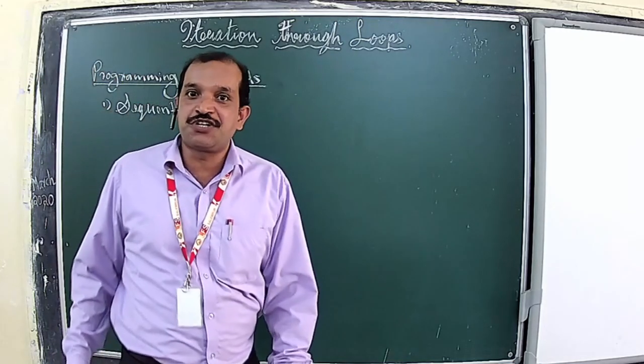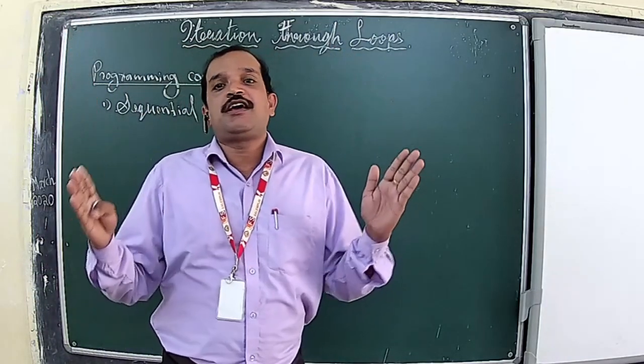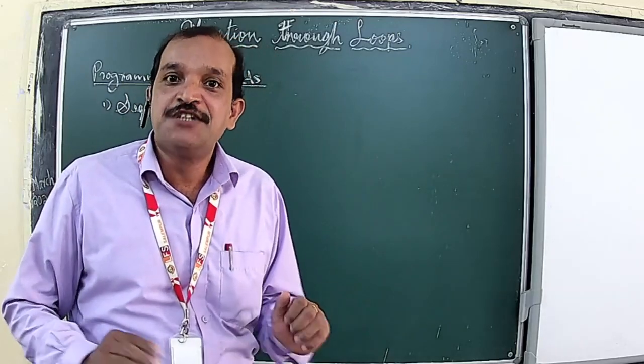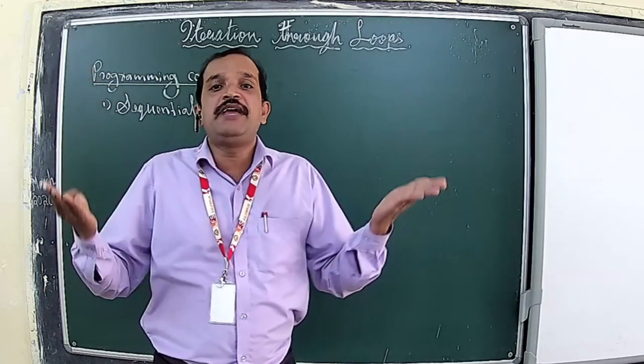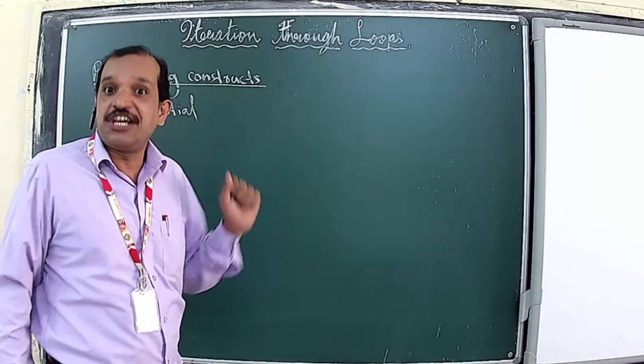In sequential execution, all the statements within a program are executed in the same order as they appear. So let us say there are 10 statements within a program. All the statements will be executed one by one, line by line, in the same order as they appear.